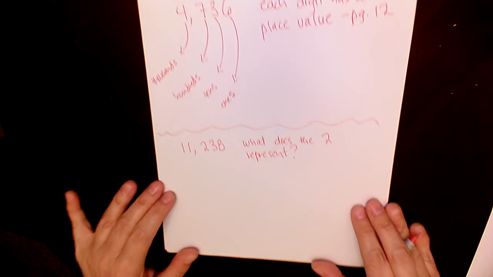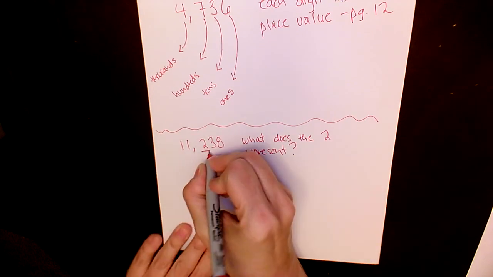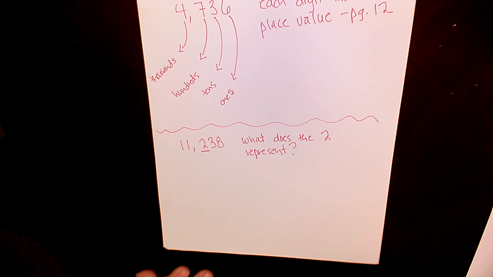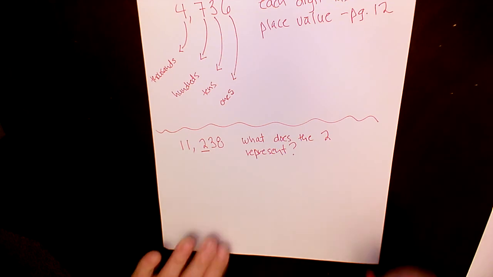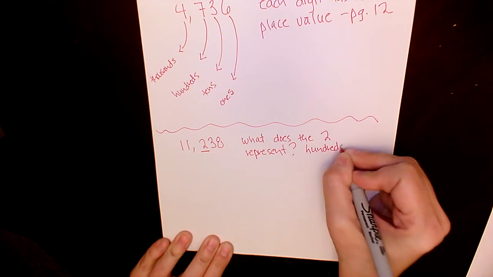Or what place value does the 2 represent? So the 2, it's 11,238, so the 2 is in the hundreds place.